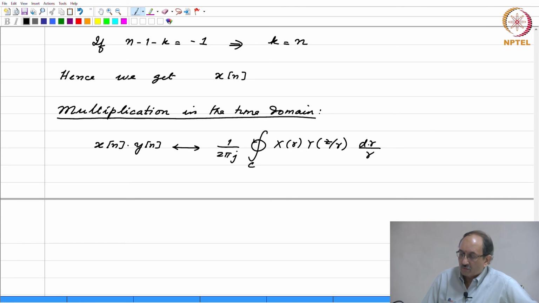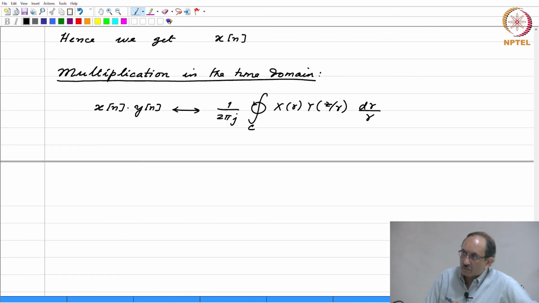This was the formula that was given, and it was mentioned at that point in time that this will make sense once we have the inversion integral formula with us. Now that we have the inversion integral formula with us, let us try to see if this is true.